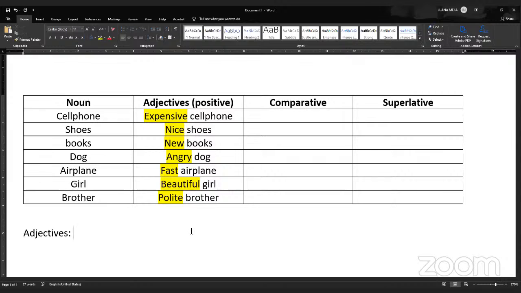You probably say, what is positive? Well, the adjective has 3 different degrees: positive, degree number 1; comparative, degree number 2; and superlative, degree number 3. The second column is in positive: expensive cell phone, nice shoes, new books, angry dog, fast airplane, beautiful girl, and polite brother.